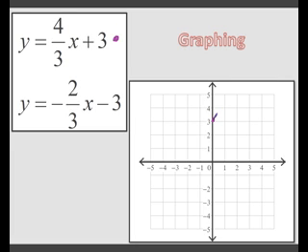We know our line is going to cross at that point. And then by reading the slope, we can determine what our line should look like. So 4 over 3. That means I can either go up 4 and to the right 3, or I can go down 4 and to the left 3.